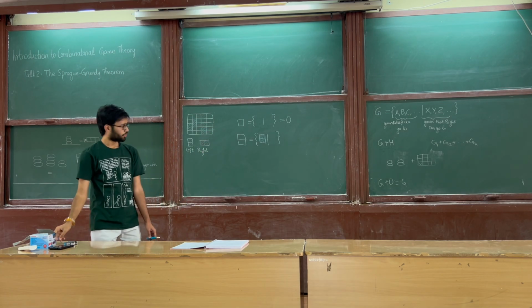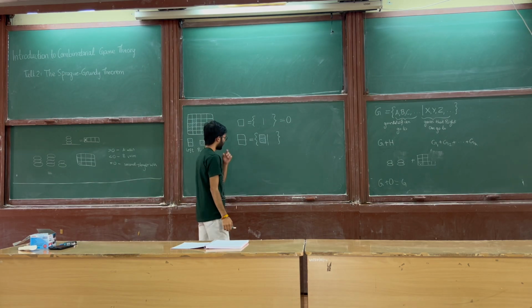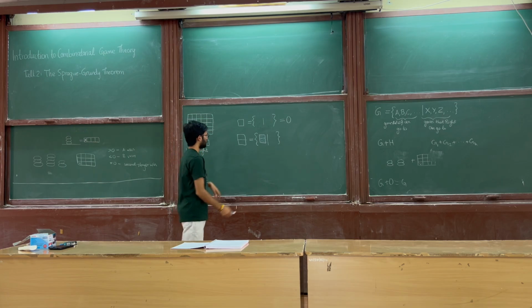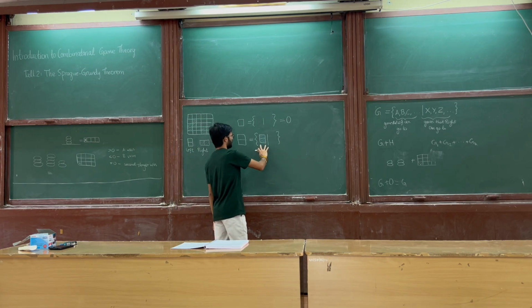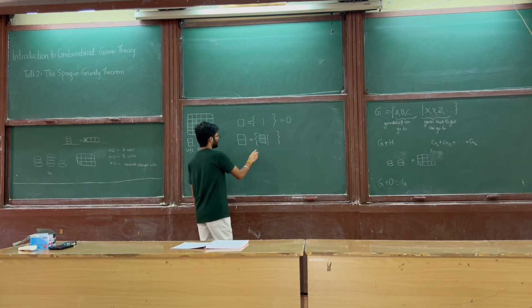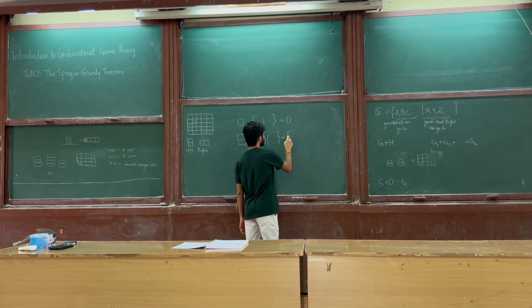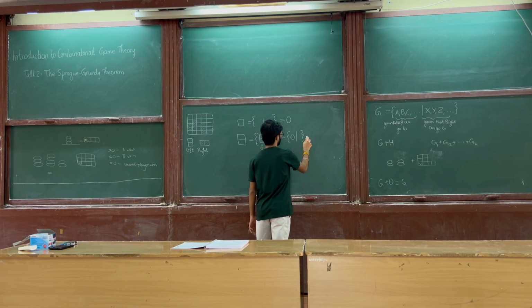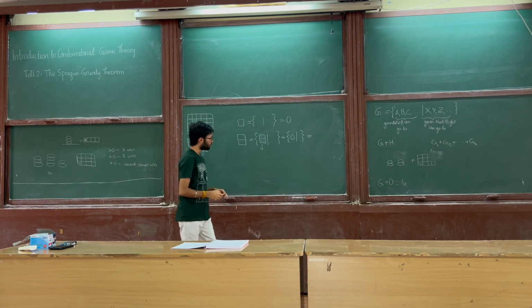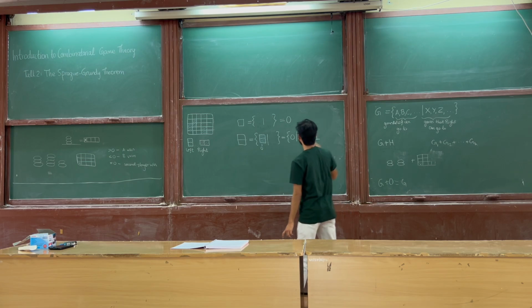Okay, so for this game, right doesn't have any option, so I'll just leave it empty here, and left has one option, and that is to go to this, but notice that this is just 0, because neither player can make a move from here. And this I'll also give a familiar name, and I'll call it 1.